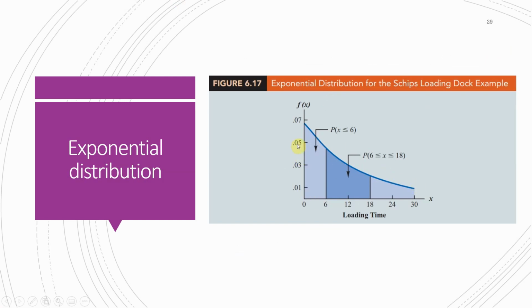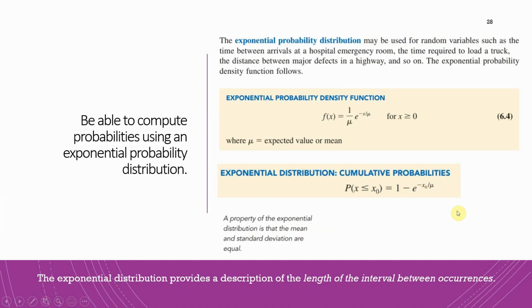So you notice how it's different from the uniform, which is flat, and the normal probability distribution, which is that bell-shaped curve. So for exponential probability distributions, when would you have data that look like that? It's used for random variables such as the time between arrivals at a hospital emergency room, the time required to load a truck, or the distance between major defects on a highway.